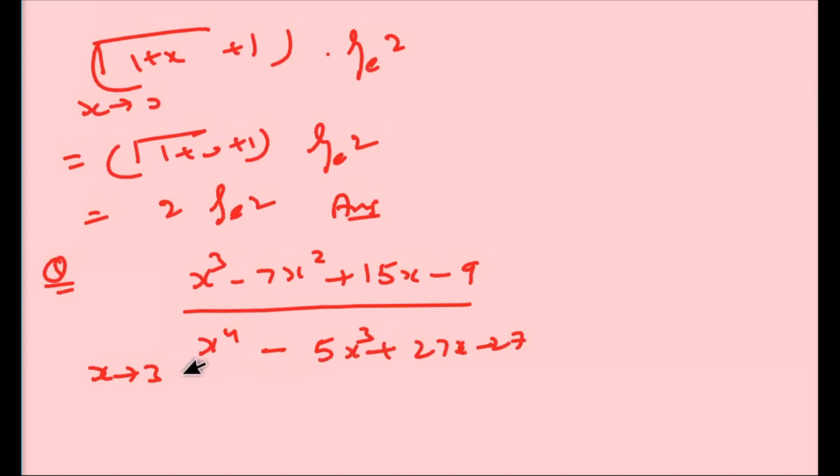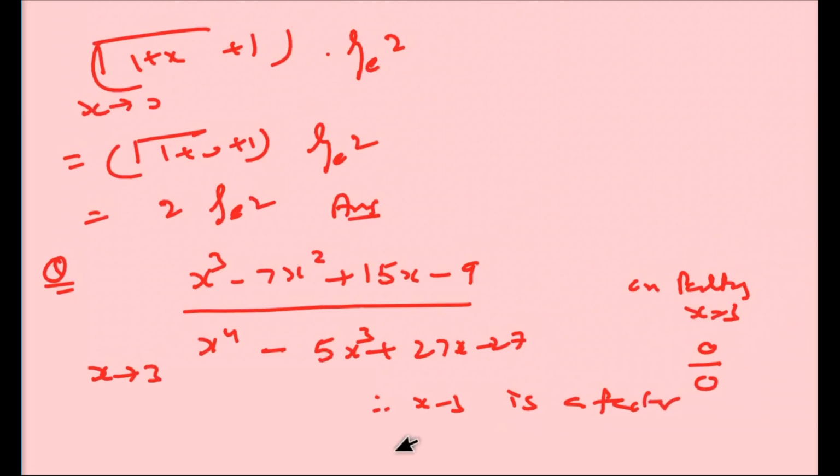Now student, if you put here directly 3, what do you get? When putting x equal to 3 here and also here, we will find an indeterminate form. I mean, this is equal to 0 and this is also equal to 0. It means x minus 3 is a factor of the numerator and also the denominator. So hence x minus 3 is a factor.